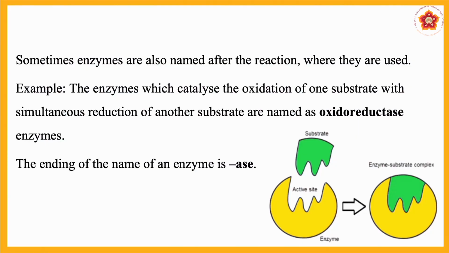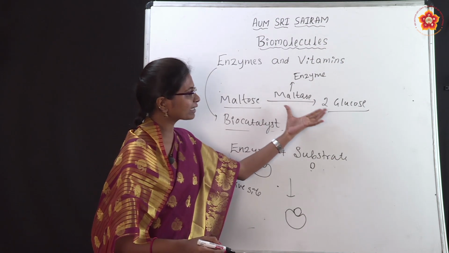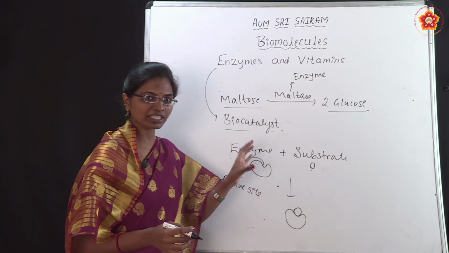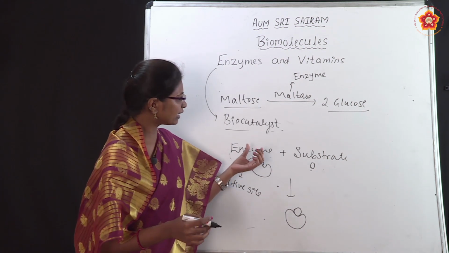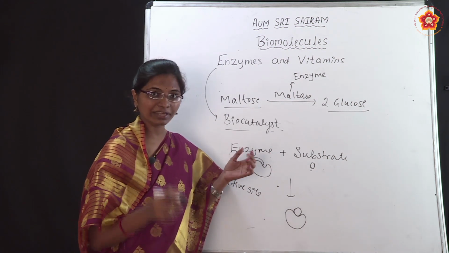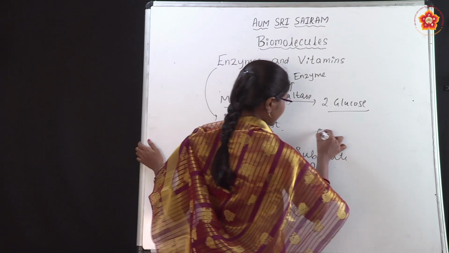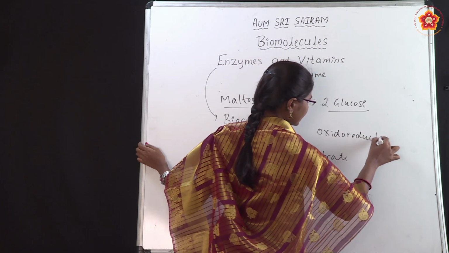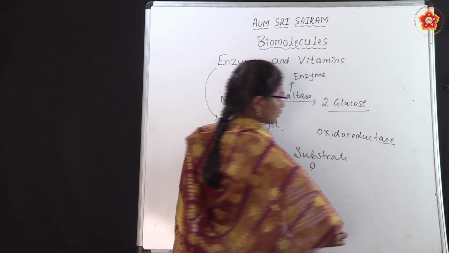For example, we gave maltase and maltose, in the presence of maltase it gives glucose. Even in oxidation and reduction reaction, both oxidation and reduction take place simultaneously. In that, oxidoreductase enzymes will be used there.